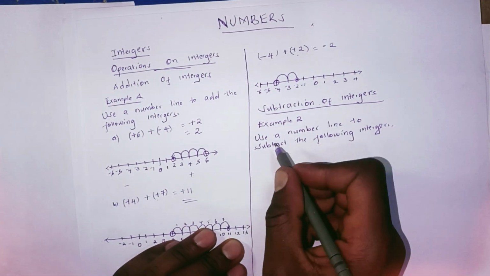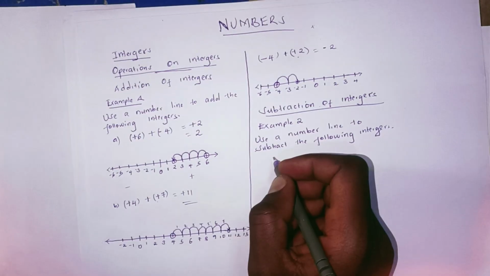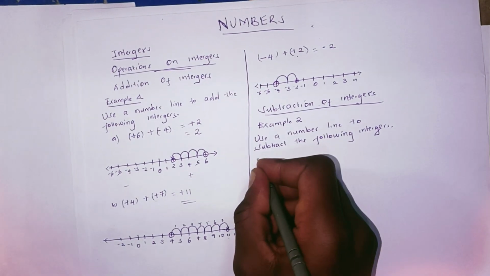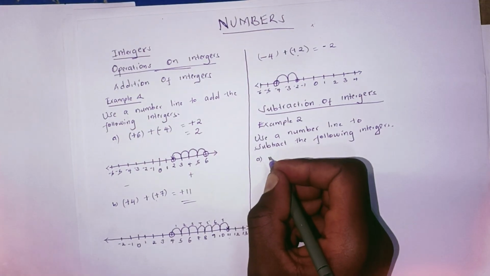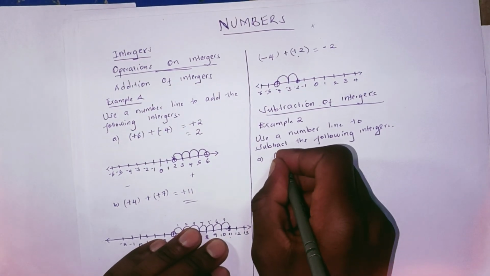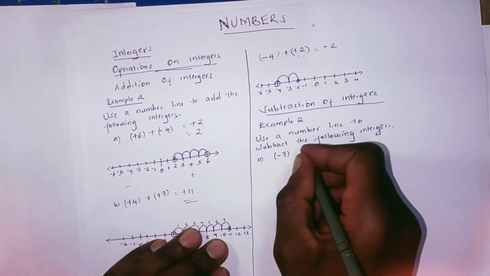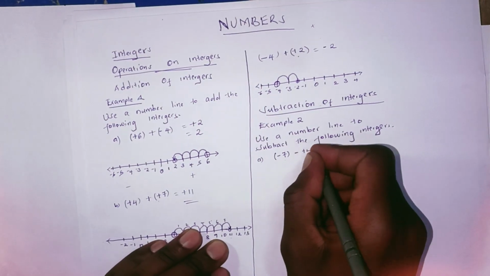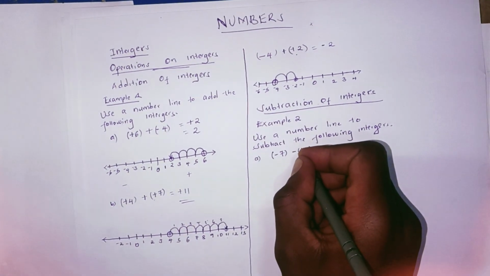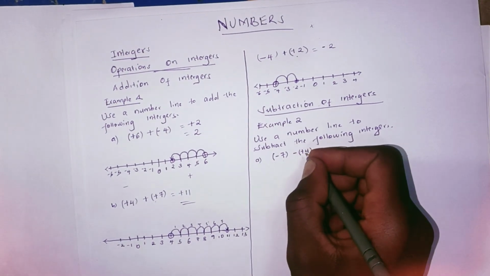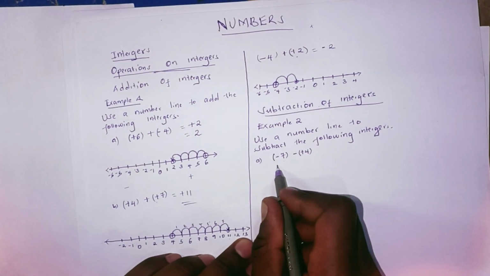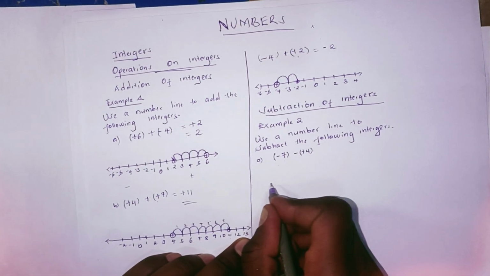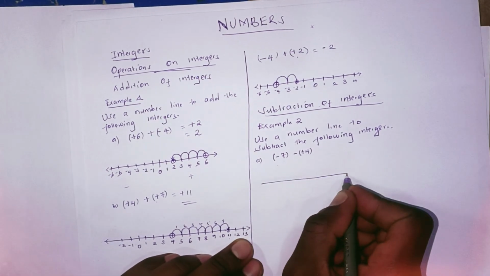Here, let's pick example A: -7 minus +4. This is an example where I have to move. So I'll just demonstrate on my number line here.